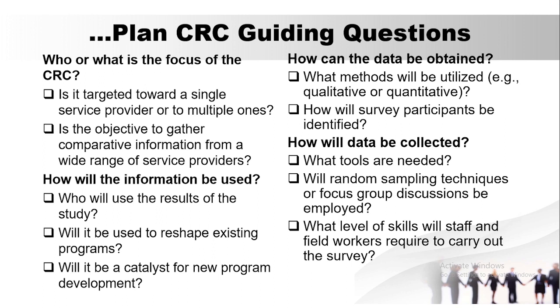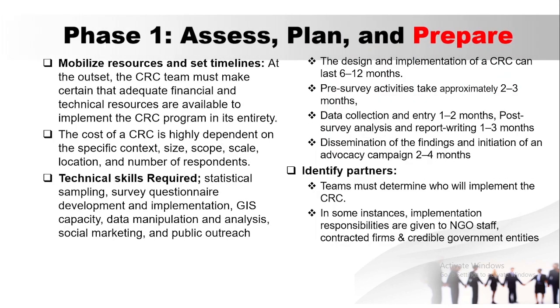If I'm going to use random sampling, I'm going to use key informant interviews or focus group discussions, and what level of skills the staff and field workers require to carry out the surveys. So you have to know this is the field staff I need to carry out this survey, and they must have these competencies. Maybe we're going to hire for a team. Then you mobilize resources and set timelines.